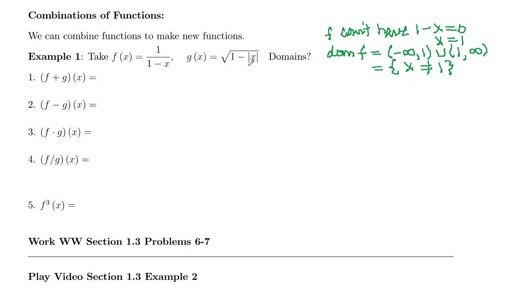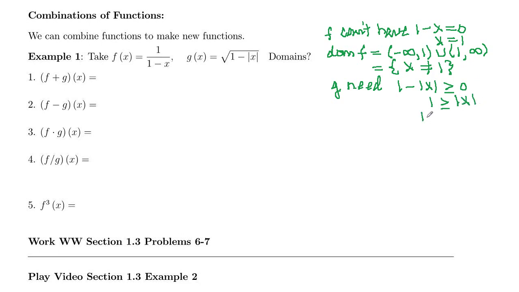What about our g here? Well, we got a square root in there, and you cannot have a negative under the square root. So for g, we need what's under that square root, the 1 minus absolute x, to be greater than or equal 0. So bring the negative absolute x over as a positive. So 1's got to be greater than or equal to absolute x.